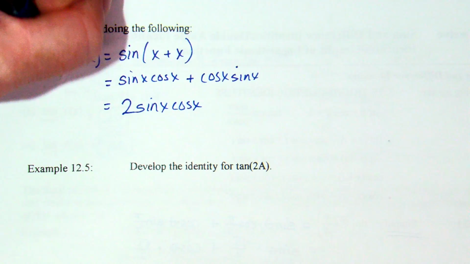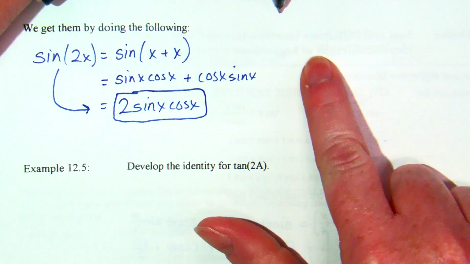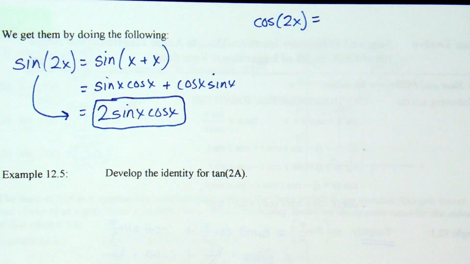Okay? Now, let's attempt to do the same type thing with cosine. Except with cosine, we need to come up with 3 answers, so we'll have to keep adjusting. But cosine 2x, you can guess the first step, right? 2x can be rewritten as x plus x. This is cosine of x plus x.